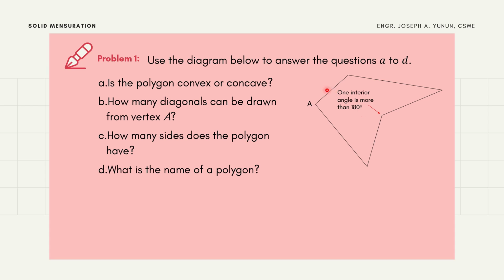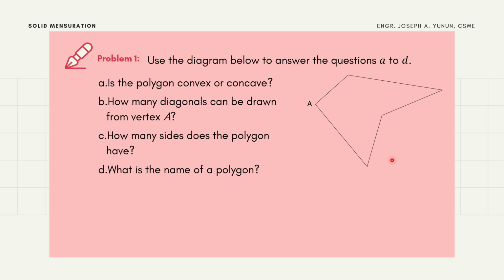Similarly, if I draw a line passing through here, two sides intersect, and this one two sides intersect, and if I draw a line here, 1, 2, 3, 4 sides could be intersected by that line. So it intersects two or more sides. Therefore, the answer for question A is a concave polygon.